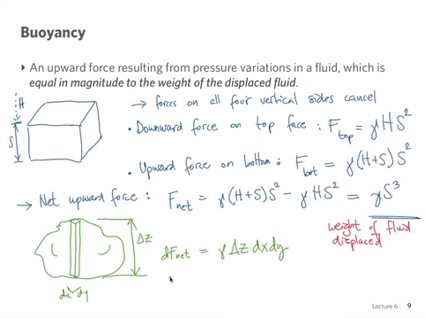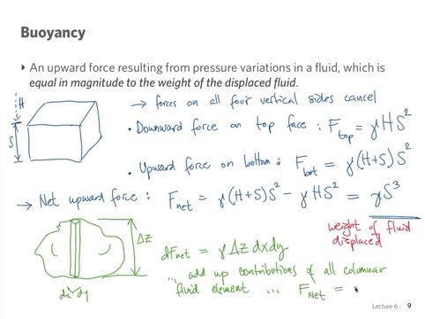So adding up all the contributions of all these columnar elements, we can get the total force, which is again gamma times the total volume of this object. So we know how to calculate the buoyancy force for any shape.